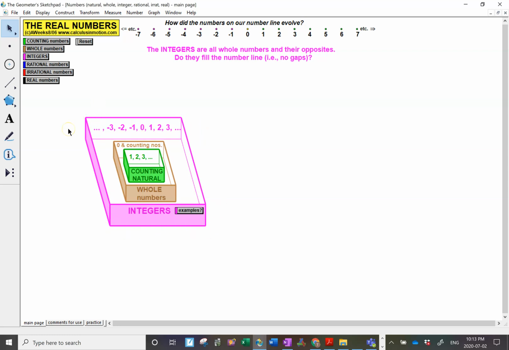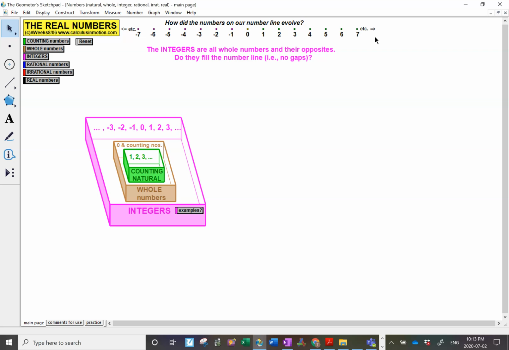Integers introduced all these negative numbers, so the integers are the entire set of numbers: all the negative numbers, 0, and all the positive numbers. The symbol for integers is the letter Z, which stands for Zahlen, the German word for numbers. I'm going to try to put that all together in your notes there.